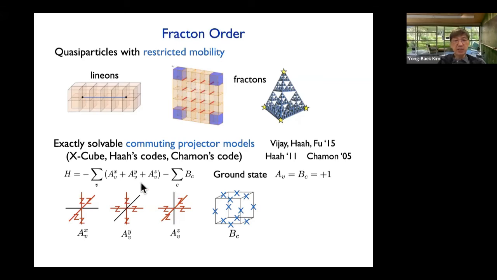It's very unrealistic. But what happens is that all of these terms commute with each other. That's why it's called a commuting projector model. If you do so, then the ground state is obviously given by the state that gives you eigenvalue +1 for every operator like this.